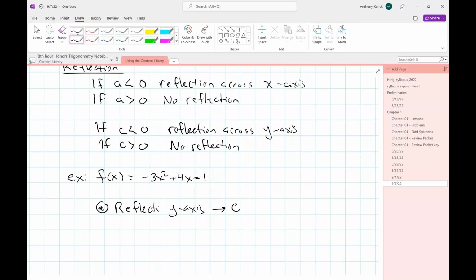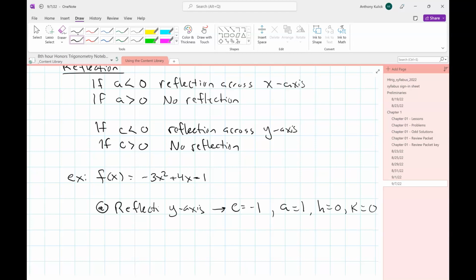So that's going to imply that C should be negative 1. And then everything else is just going to be a value that doesn't change anything, right? So if we're adding or subtracting, we use zeros. If we're multiplying, we use ones.